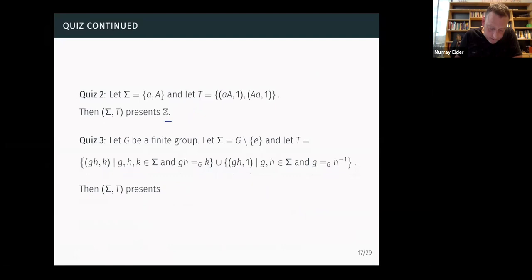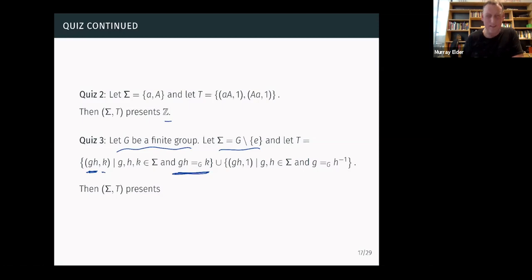Now I've got G as any finite group, and I'll take the alphabet to be everything except the identity element of the group. And now my rewriting rules are going to be: 2 elements of the group on the left-hand side get replaced by 1 element of the group. And that's allowed any time that G times H equals K in the group.